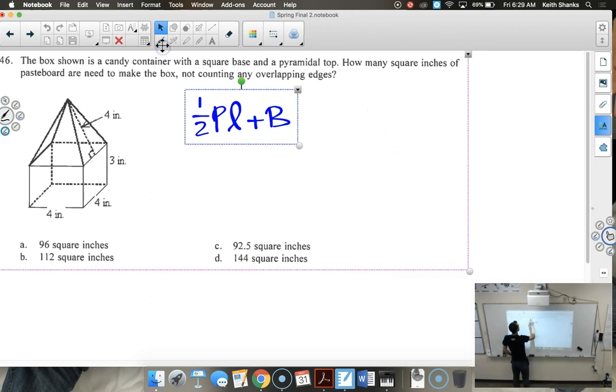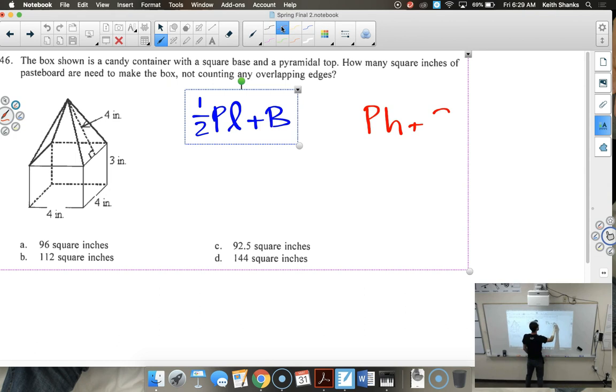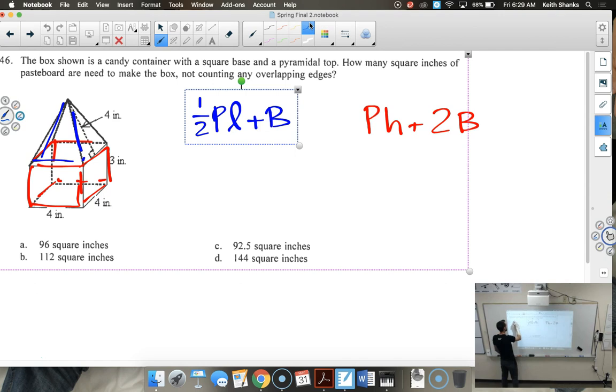And then if I take the area of my rectangular prism, perimeter times height plus 2B, okay? Again, that would be like all of this stuff, and the blue would be all of this stuff. And what ends up happening if I did that is I would end up counting 3 bases.